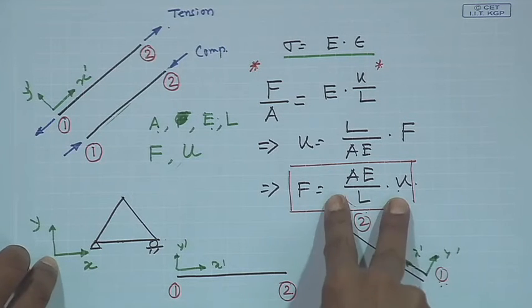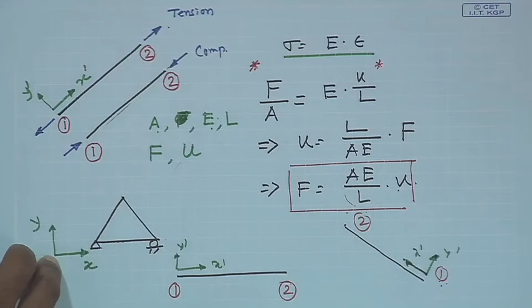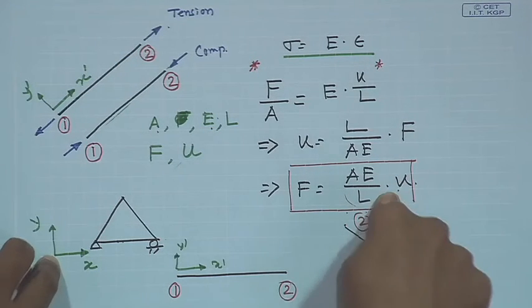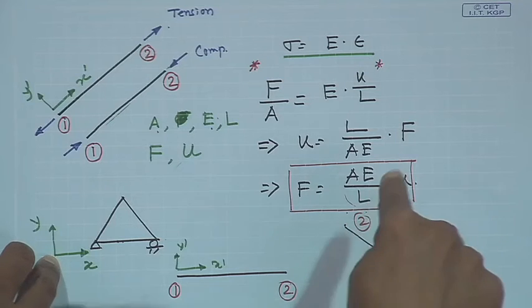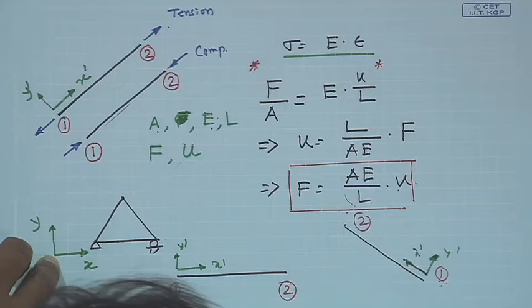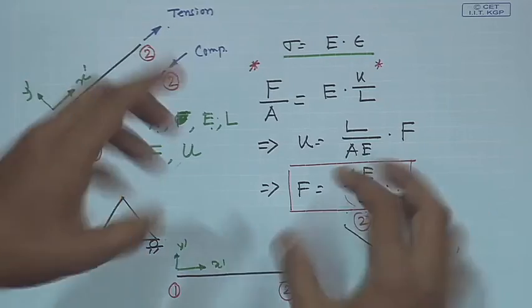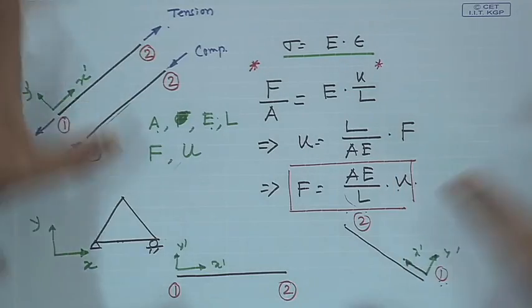So this relation can be written for this member, this member, this member, this member. When we write this relation, it is always with respect to the local coordinate system, because u is essentially the axial deformation. But if you remember, the methodology is you divide the problem into smaller subsystems, and then assemble them.